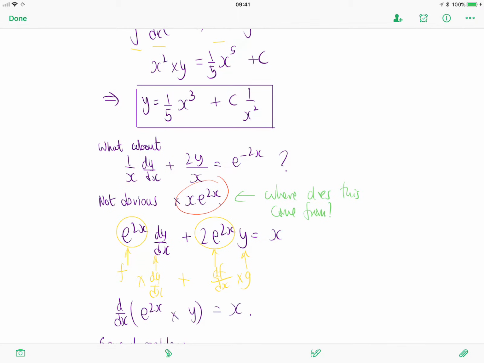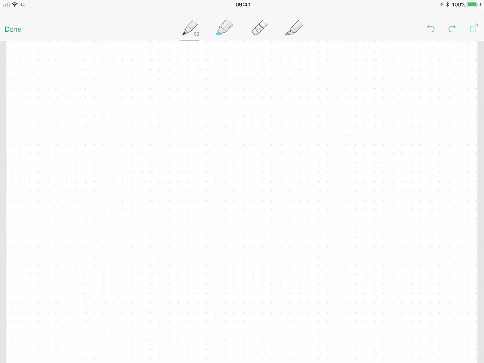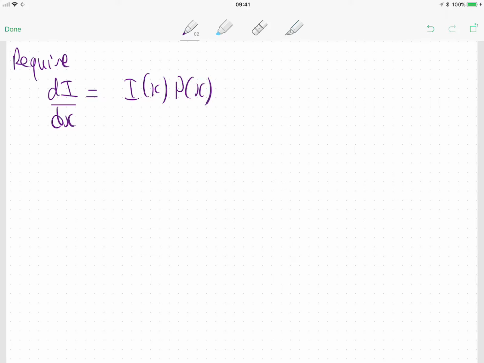So let's take a closer look at this condition. We require dI dx to be I of x times p of x. Okay, so can we find I of x from this equation?